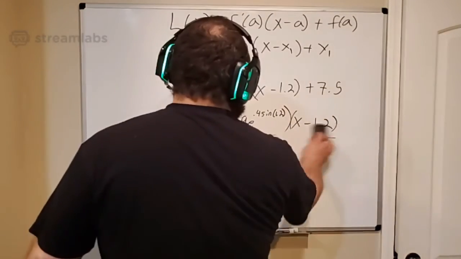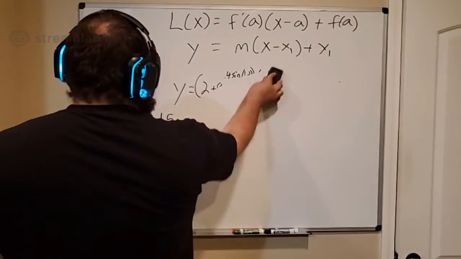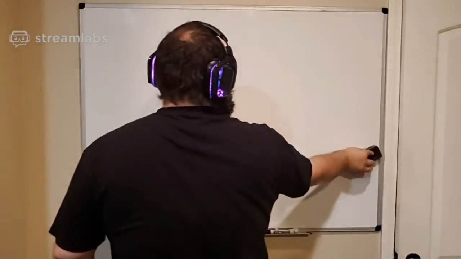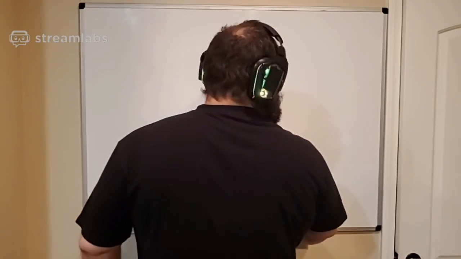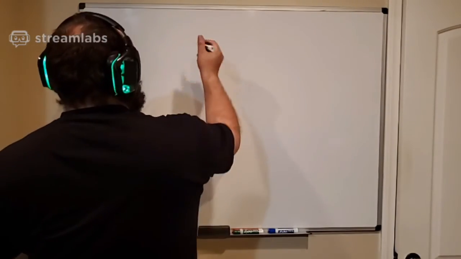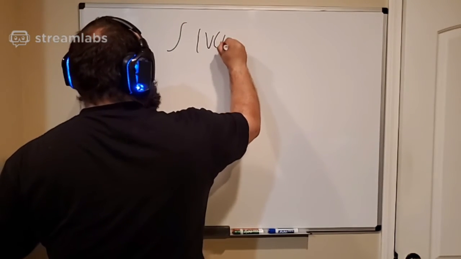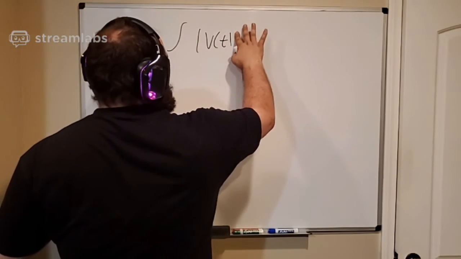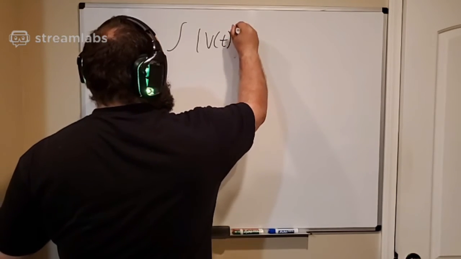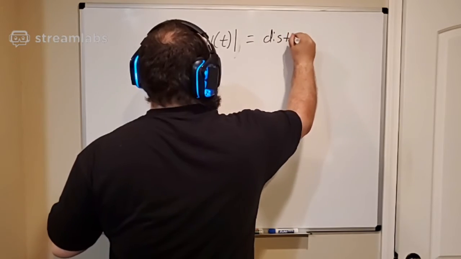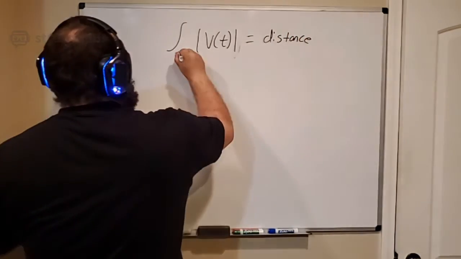Wait, which one are we on? 6. There you go. We have to remember that we know more calculus than what they're teaching us, so we can apply those techniques.